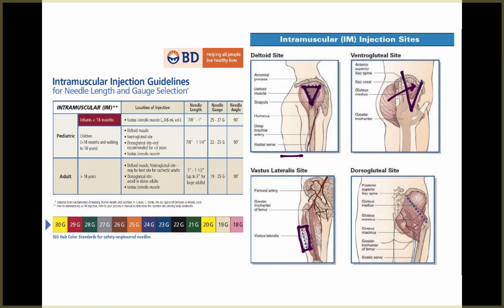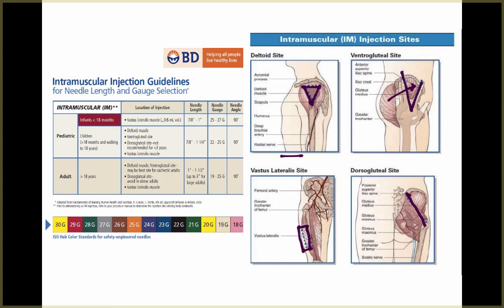And the fourth and last site that we're going to look at is the dorsogluteal site. It's used above this imaginary line between the greater trochanter and the posterior superior iliac spine, so it's administered lateral and superior to this.